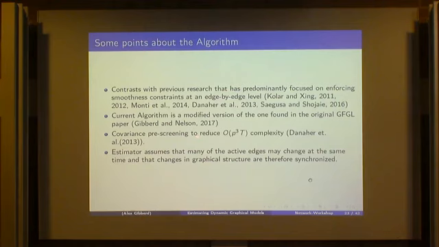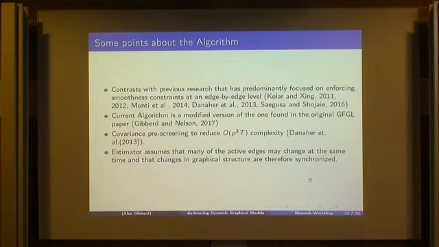Along this direction, in order to reduce the complexity, there were some ideas in the Danaher paper in 2013, where they showed that if you have a p-dimensional problem and p is very large, you can subdivide the problem into p1, p2, up to pk, and then solve each of those sub-problems. So in a way, you can reduce the complexity by dividing the whole problem into sub-dimensions.